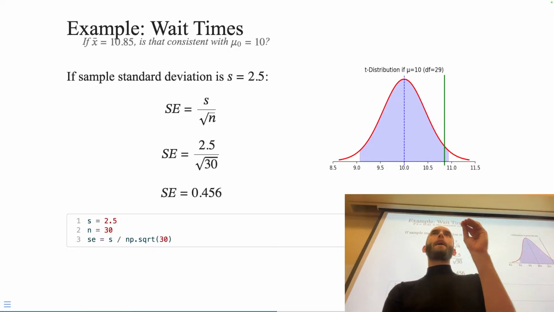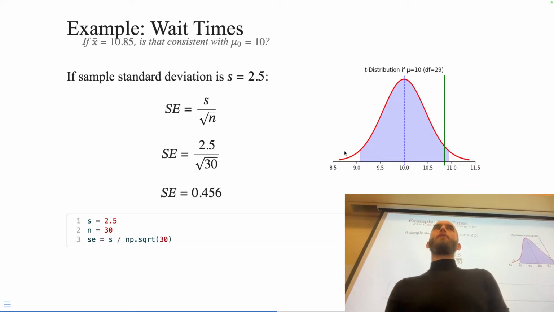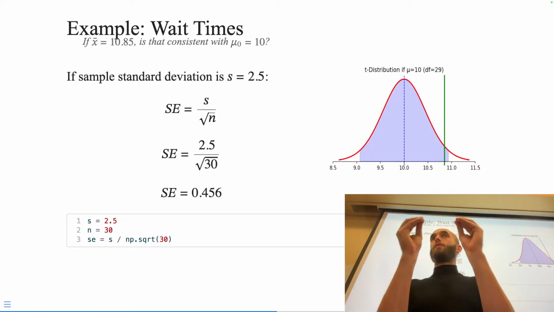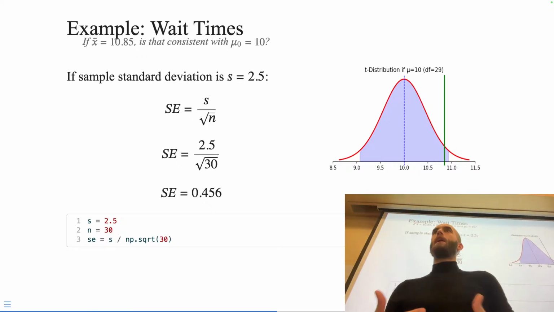And then we check how far away our sample mean is. We have a sample mean of 10.85. Is that consistent with a guess of 10? We're going to guess that the average wait time is 10 and check whether our data is consistent with that guess. So we center the sampling distribution on the guess and then find confidence intervals and check whether our sample is close.